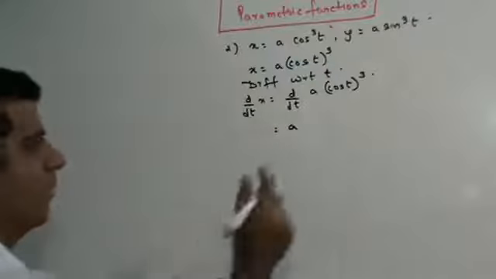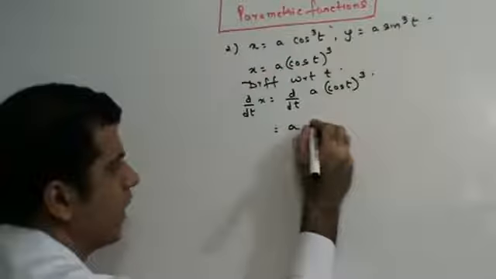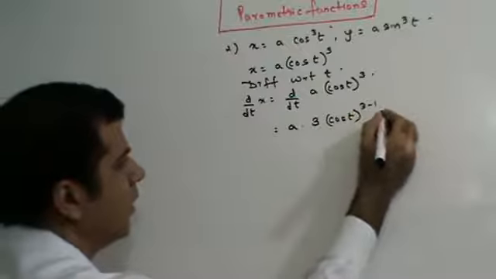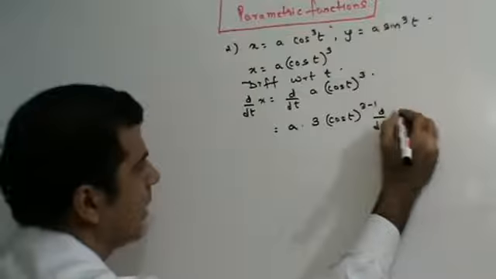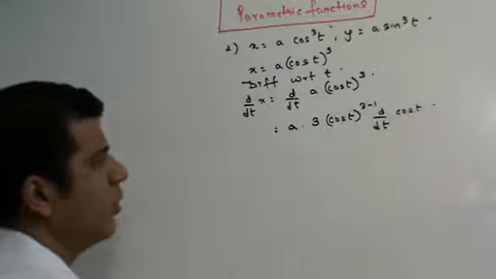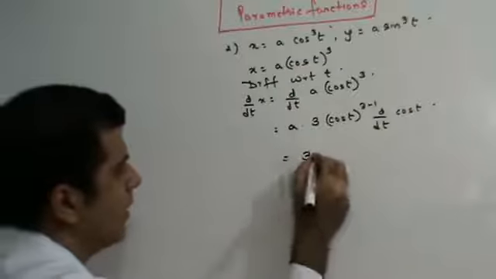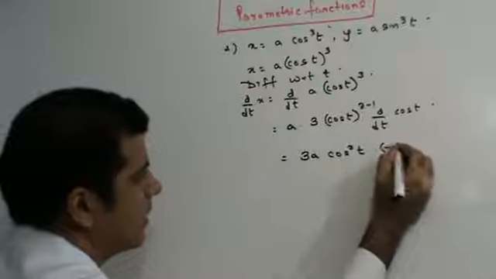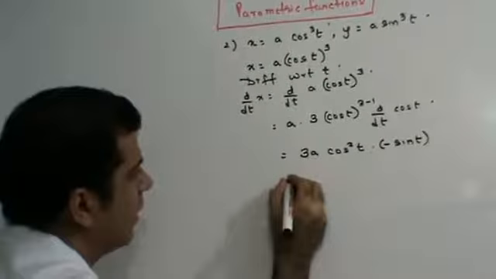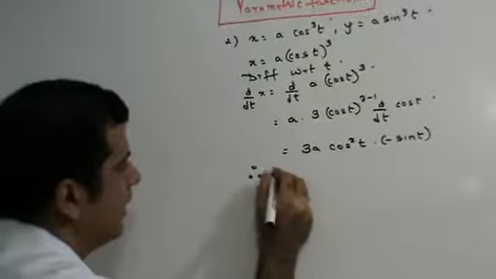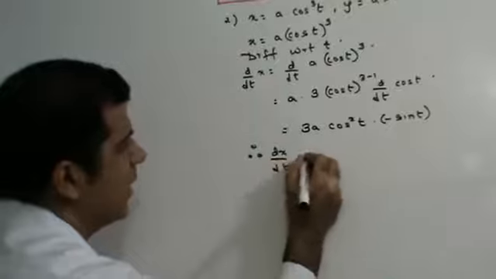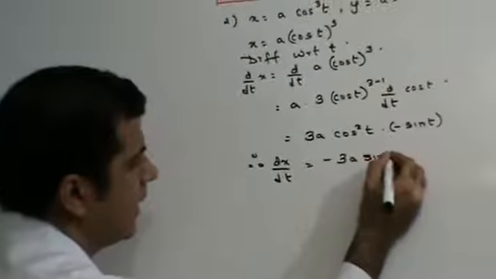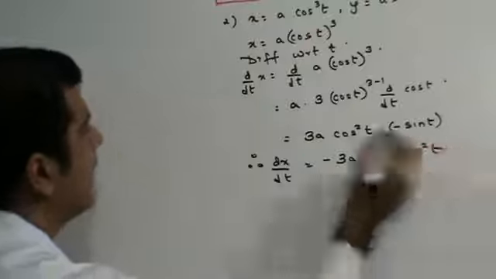Using u raised to n, n u raised to n minus 1 d by dx of u, so d by dt of cos t. So this is going to be 3a cos square t. D by dt of cos t is minus sin t, so you will get dx by dt is minus 3a sin t cos square t.